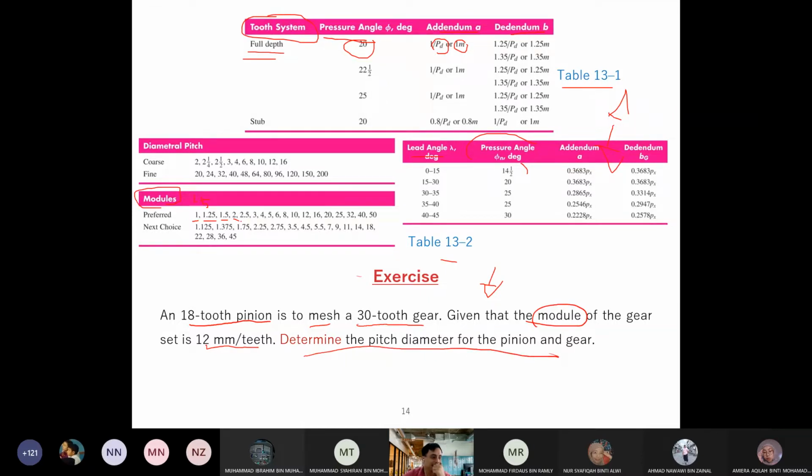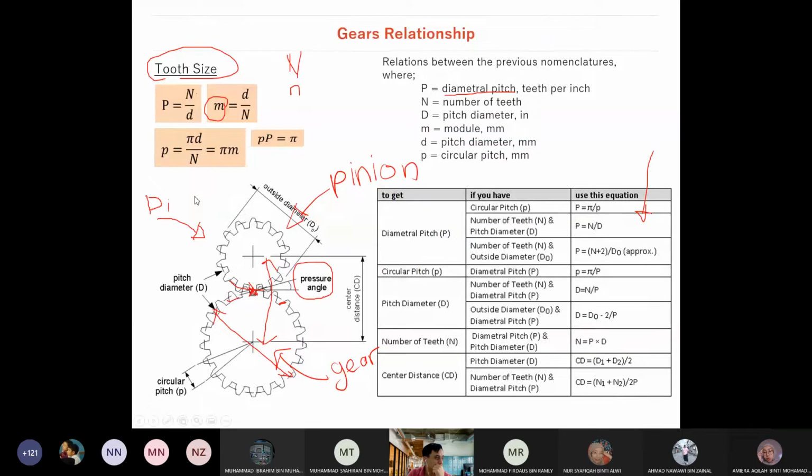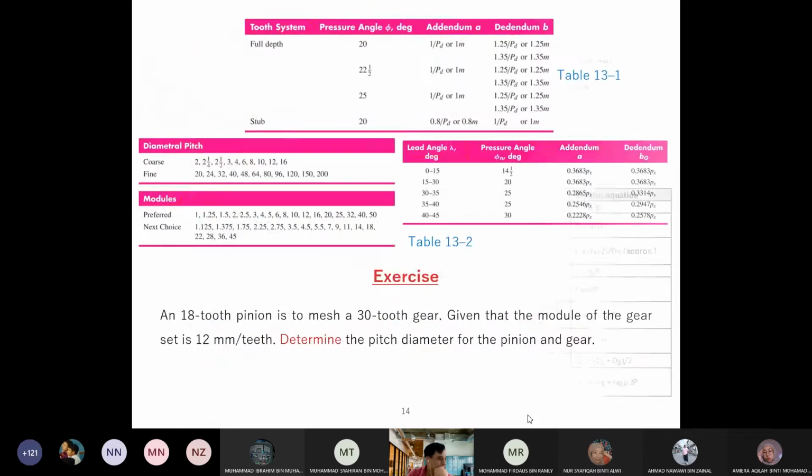Can you answer it? What formula do you need to use? Alright. Okay, I think this question is very straightforward. So M, the module, is basically a constant. The formula that you need to use is this one. Let me whiten it back. This one. Sorry.